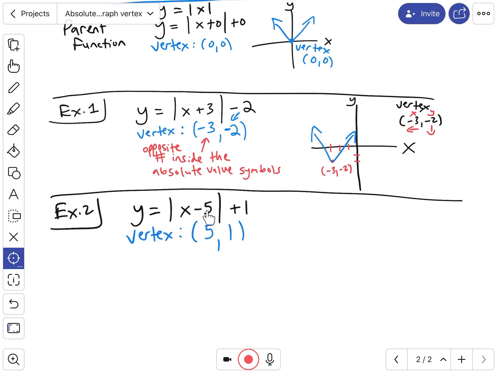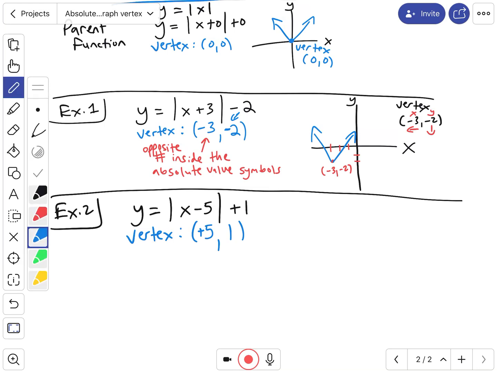Now remember, in the absolute value symbol, that's going to be the opposite. So because it's a minus 5, we're going to make it positive. We don't need the plus there, but I'm going to put it there just to show you that it's the opposite, just like the plus 3 and minus 3 was the opposite. And then this stays exactly the same. So this is plus 1, so that's going to be plus 1.